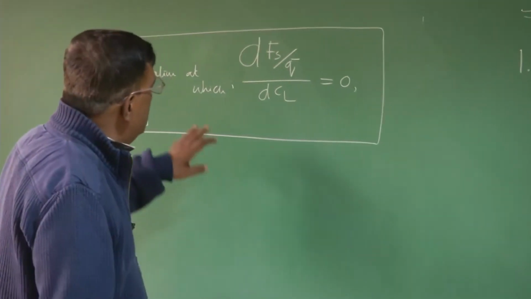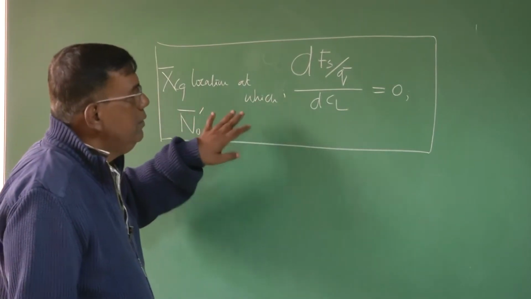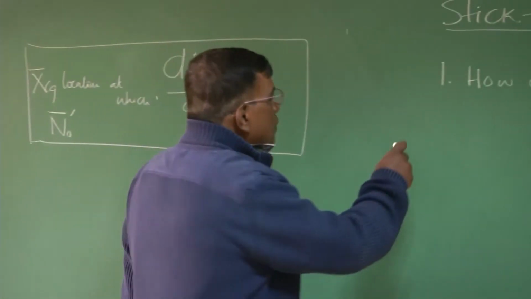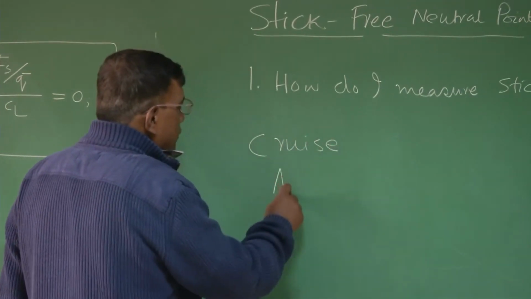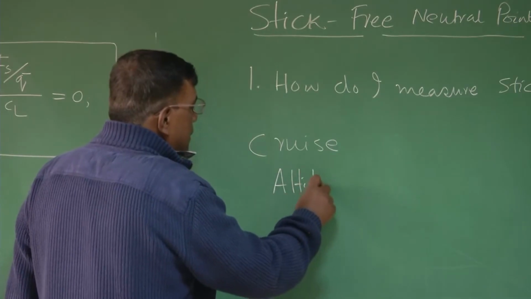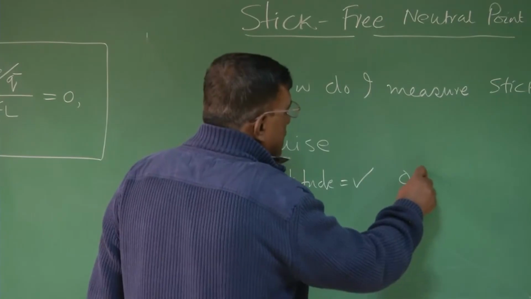Now, if I want to conduct an experiment to find out the stick-free neutral point, then what do I do? I go for a cruise, and again I look for altitude. I note down the altitude. I note down the outside air temperature.